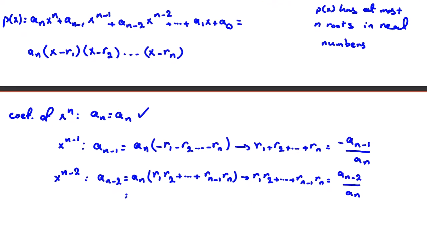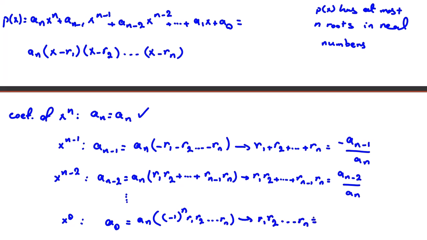And so on. You can keep writing. The coefficient of x^0, or constant term, is a_0 here. And on the right-hand side, it will be a_n times negative r1, negative r2, up to negative rn. So it's negative 1 to the n, r1 r2 up to rn. So we can conclude r1 r2 up to rn equals a_0 over a_n, times negative 1 to the n.